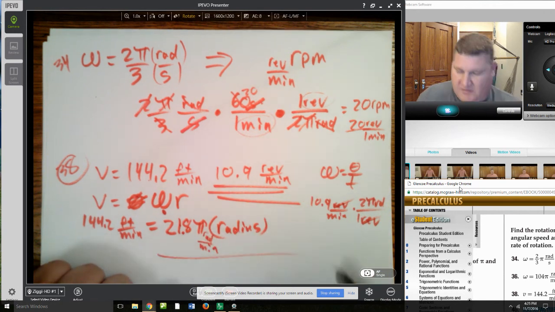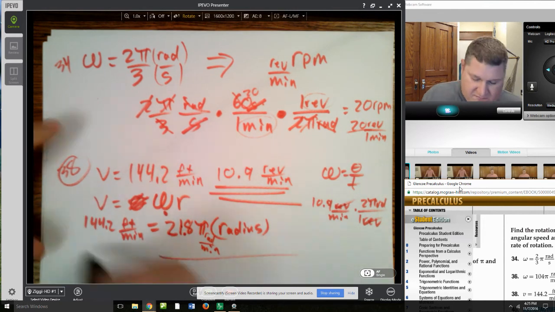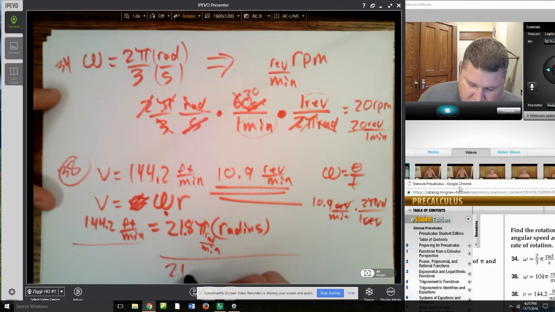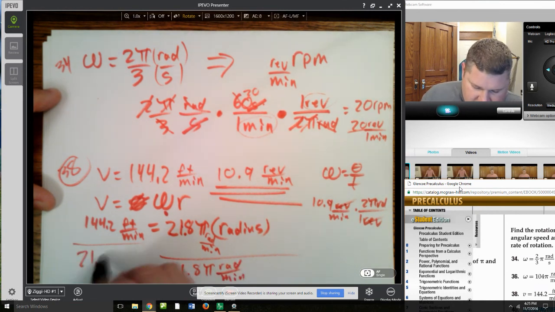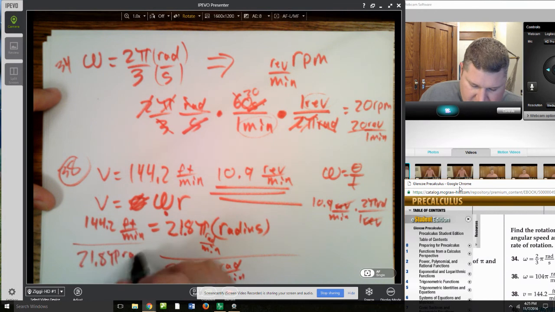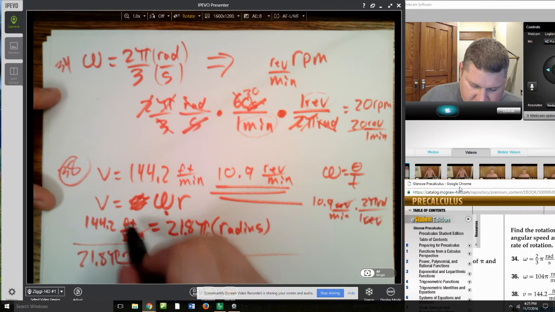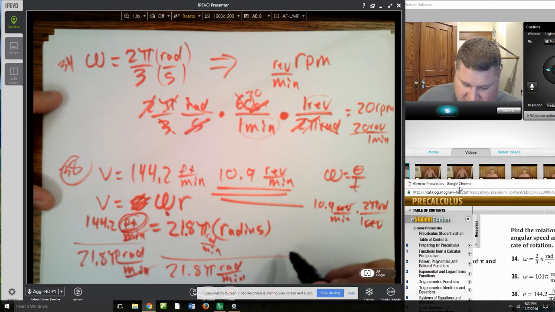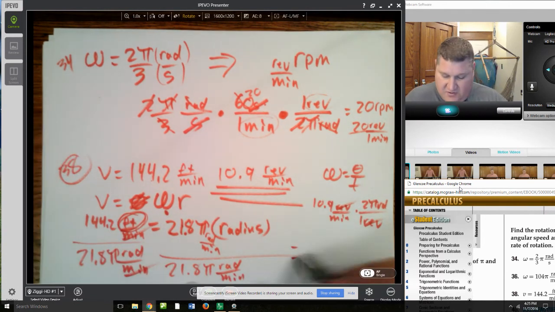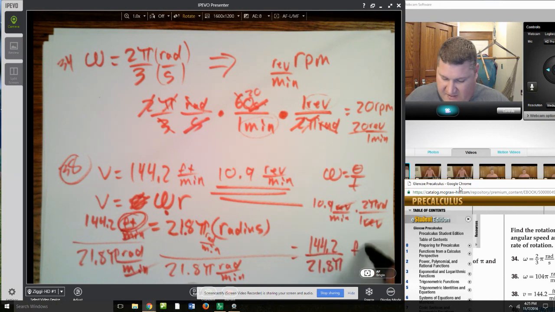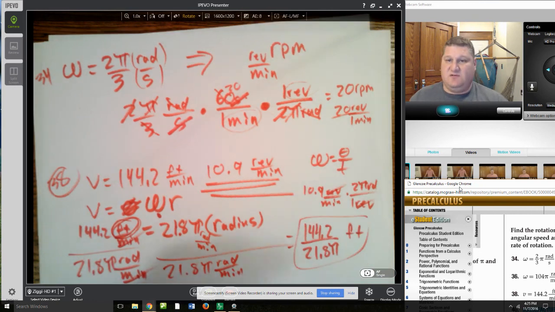Now, obviously, what do I need to do to get radius by itself? Divide both sides by 21.8 pi radians per minute. The minutes cancel out and I'm left with just feet. So the answer there is going to be 144.2 divided by 21.8 pi feet. Now you can turn that into a decimal if you wish.